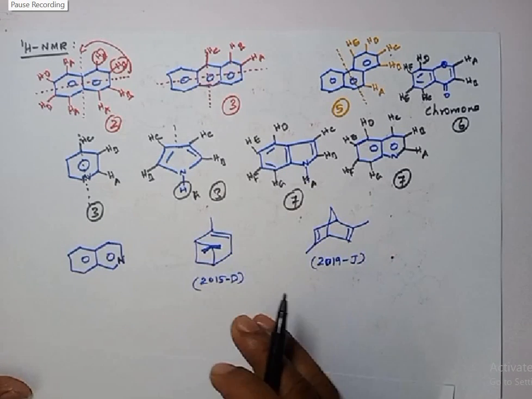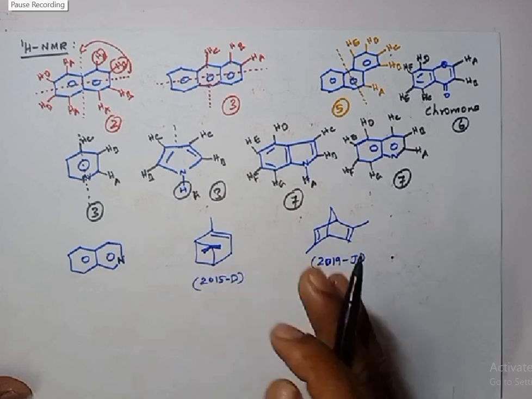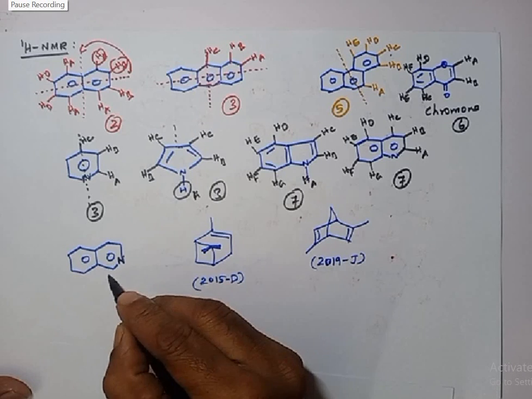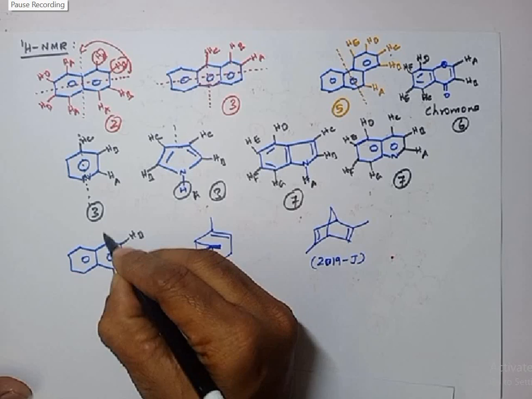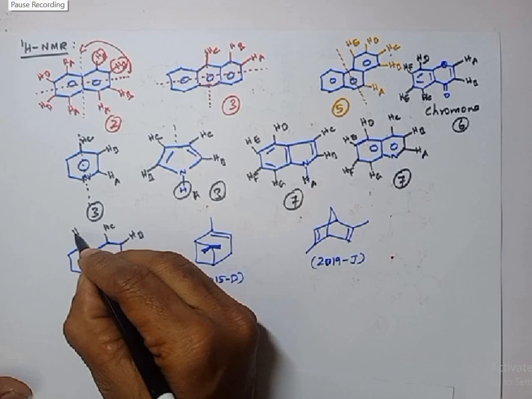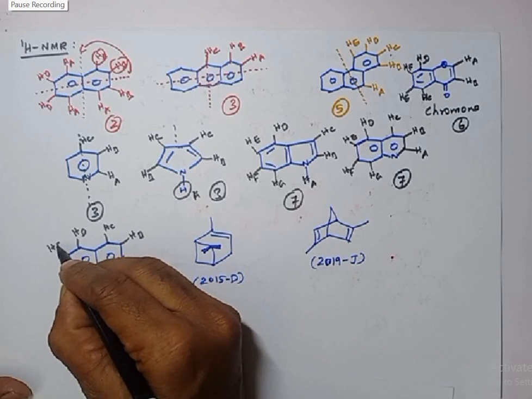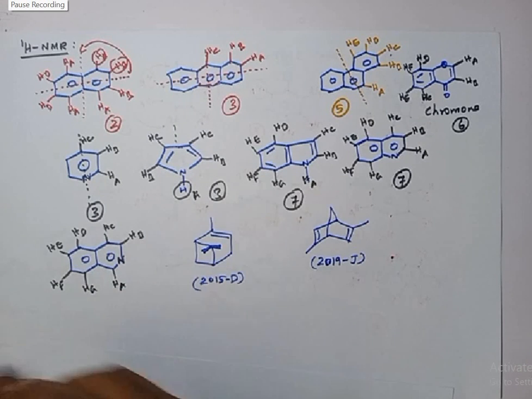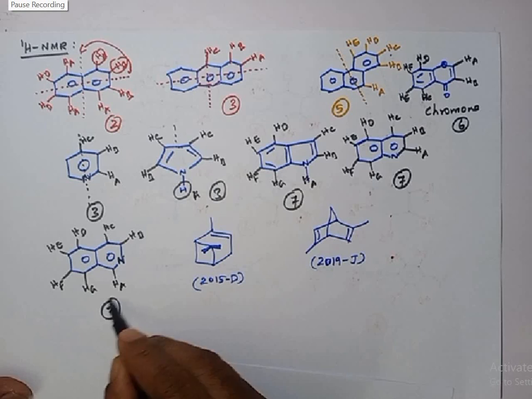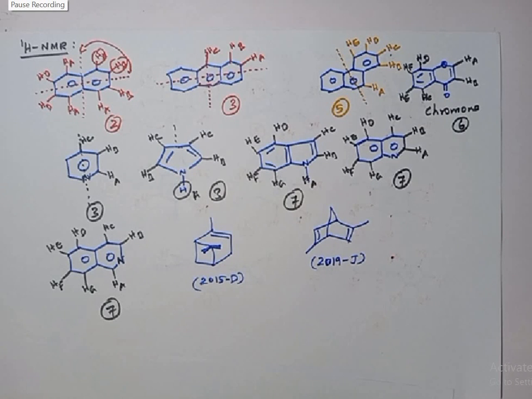So all the hydrogens are non-equivalent. So we have, see here, one hydrogen HA, HB, HC, HD, HE, HF, and HG. Yes, all the protons are in different environment. So this compound will give 7 signals in the proton NMR spectrum.